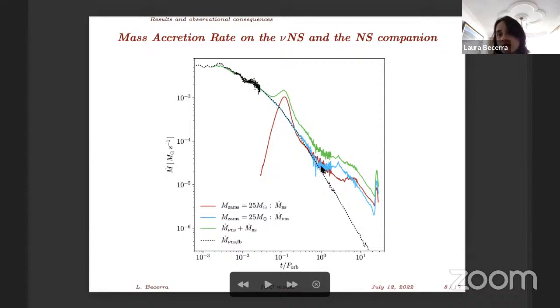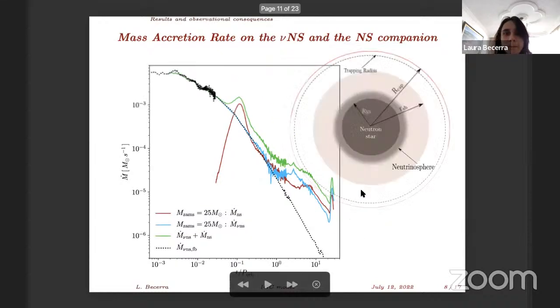But at some point, this starts to stabilize, because the star starts to acquire material from the neutron star companion. And also in red, we see the accretion rate of the neutron star companion. We have a peak, that is when the innermost layers of the supernova reach the neutron star companion, and it starts to appear from the disk.